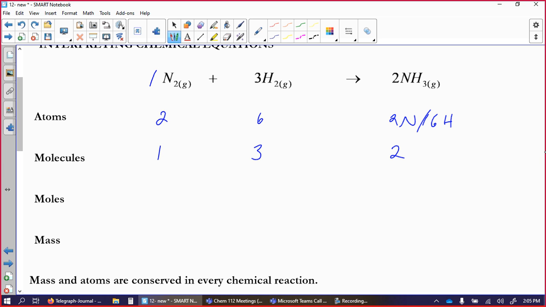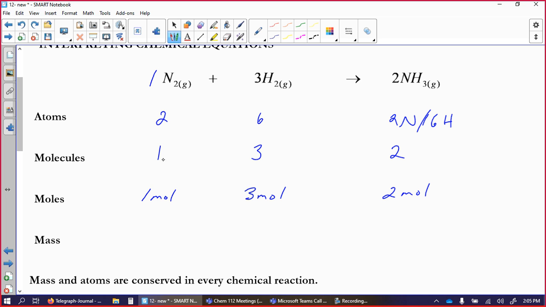Well, that's more reasonable, but we can't do this on a molecule by molecule scale. Well, how about 1 mole? If we take 1 mole of nitrogen gas, which would weigh 14 and 14 is 28, and 3 moles of hydrogen gas, we would produce 2 moles of ammonia.